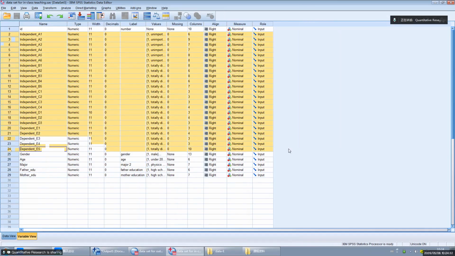Previously, we've always been using atoms for the data analysis, right? Yeah, for reliability, for validity, factor analysis, we've always been using the atoms.